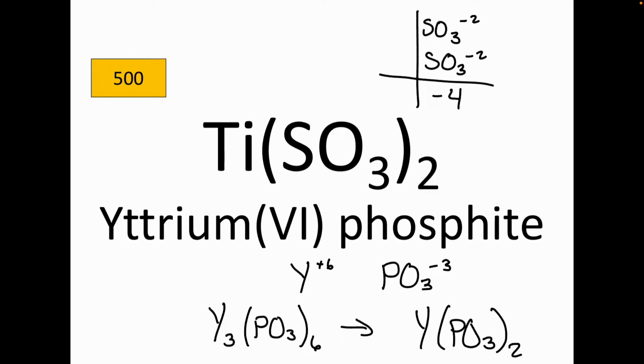So that's a total amount of negative charge of -4. So then what's the charge on that titanium? It's got to be +4. So this would be titanium 4 sulfite, right? The ates and the ites are our polyatomic ions.